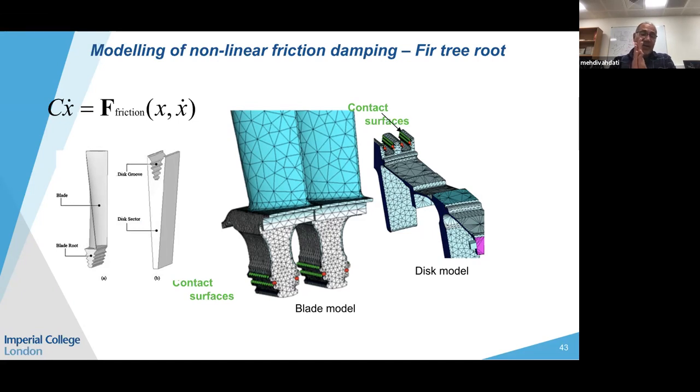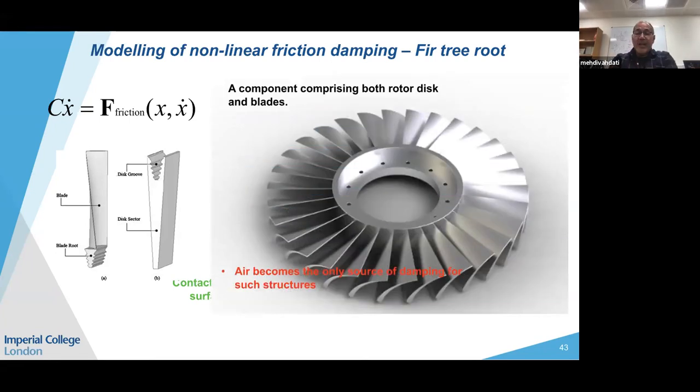So it works like a friction damper, and we can model it using this sort of model. To increase efficiency nowadays, people are using what is called a blisk, where the blade and the disc are one component. Consequently, there is no friction allowed between them because they're one component, and in such a scenario, air becomes the only source of damping.